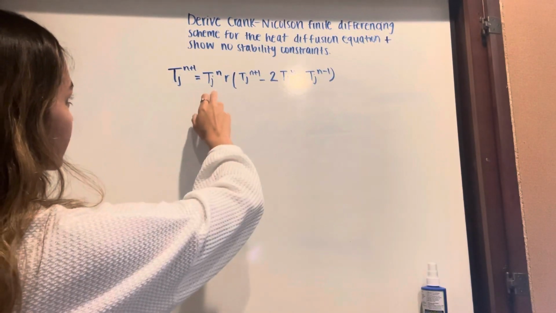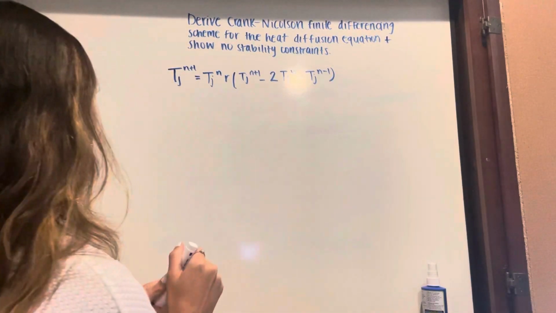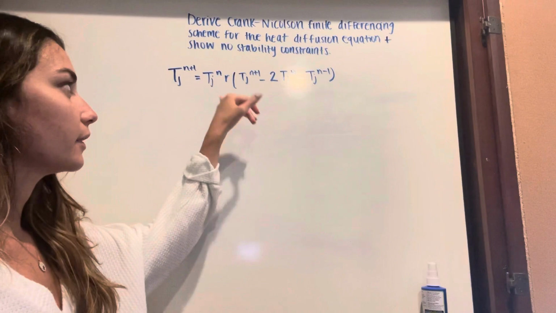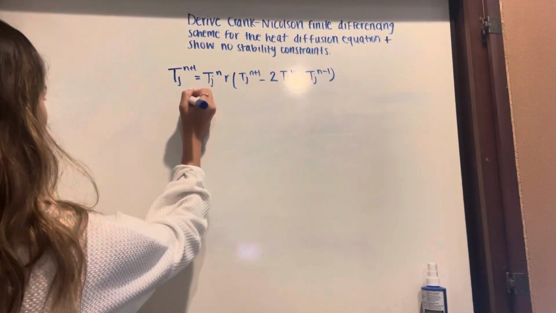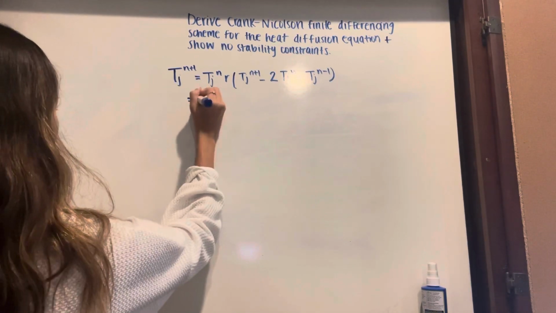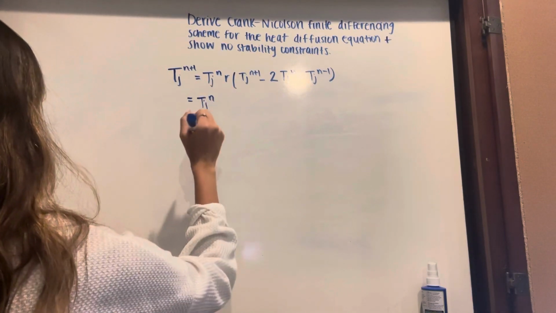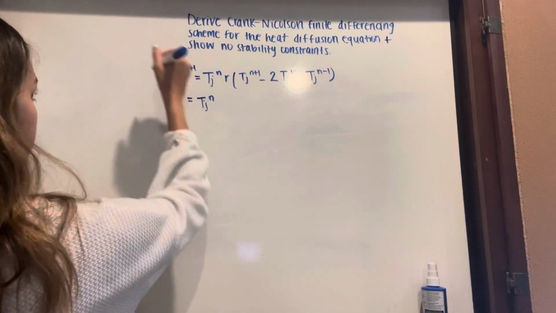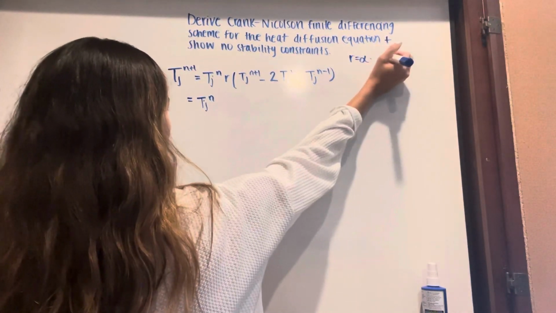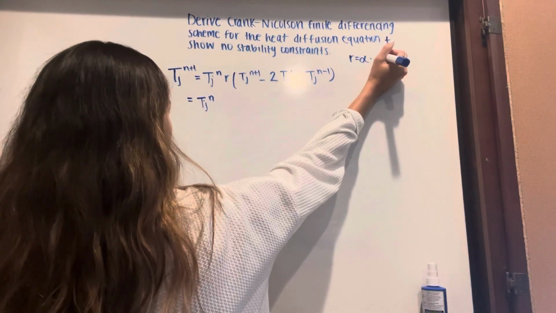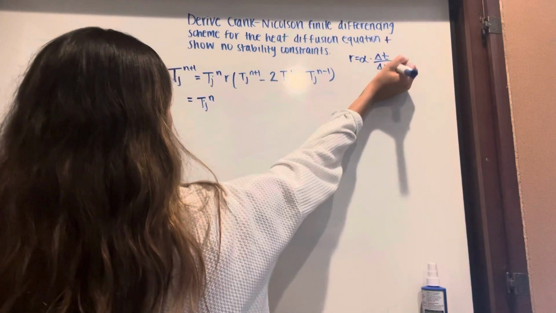our finite differencing scheme and our heat diffusion equation. And we're going to take the second derivative of that equation. And that is going to be Tj n, and R, we know that R is alpha, our thermal diffusivity, times our change in time over our change in position squared.